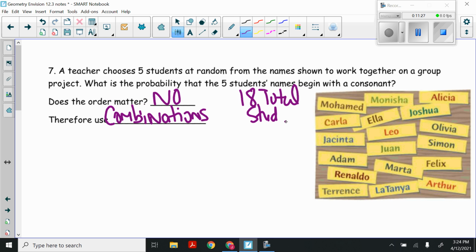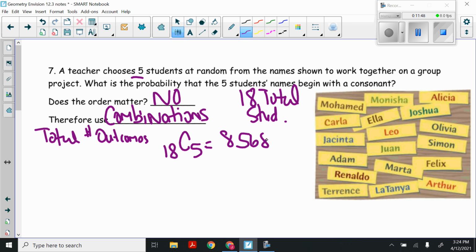We're choosing 5 students, so the total number of outcomes is 18 combination 5. We plug that in our calculator and find that it's 8,568.